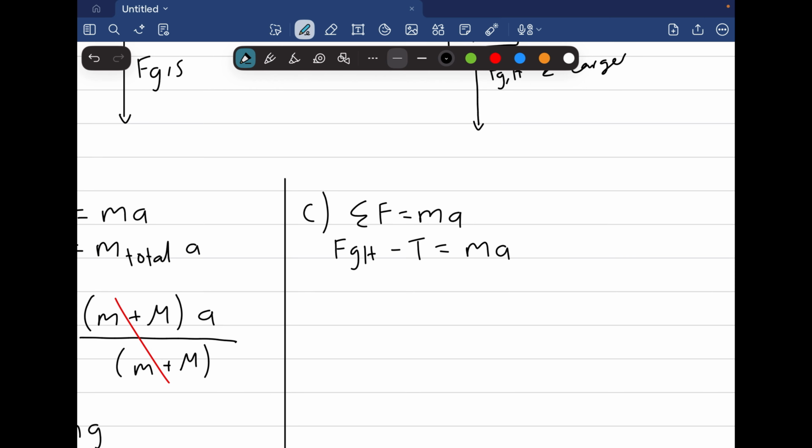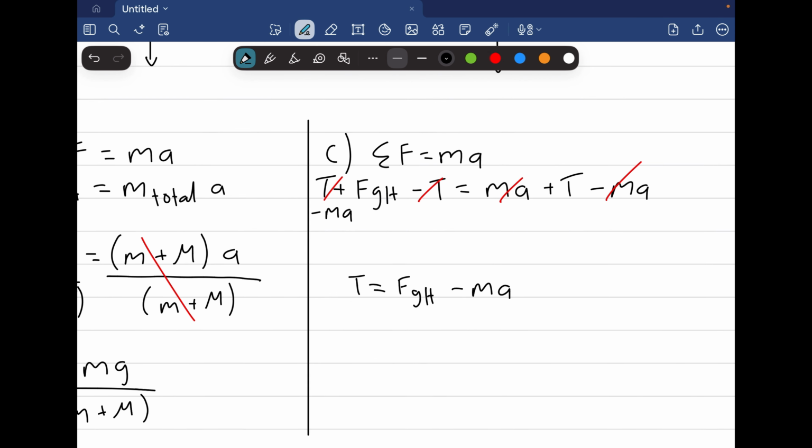So now I'll plus T on this side, and then minus ma. So this takes care of this, and this T takes care of that T, right? Leaving me with T is equal to Fgh minus ma, okay?